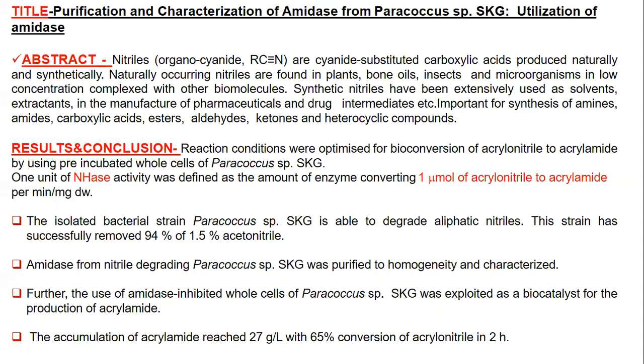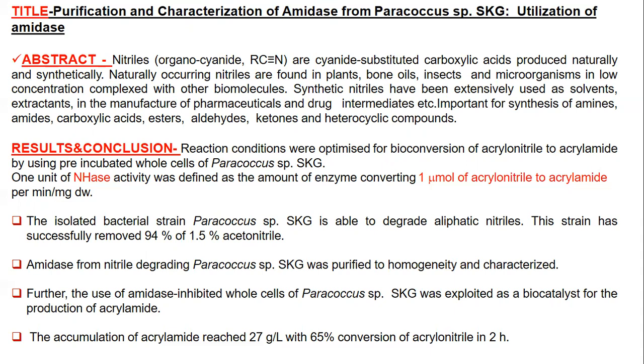They are found in plants, bone oils, insects, and microorganisms in low concentration, but in a complex of biomolecules. Synthetic nitriles can be used as solvents, extractants, and in the manufacture of pharmaceuticals and drugs. They are important for synthesis of amines, amides, carboxylic acids, esters, aldehydes, ketones, and heterocyclic compounds.